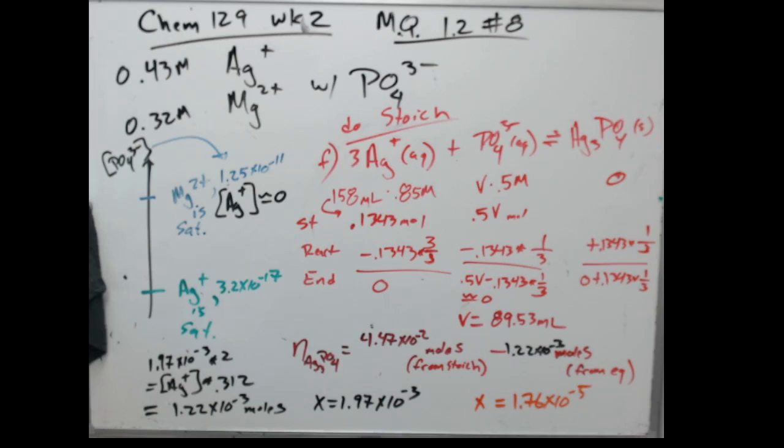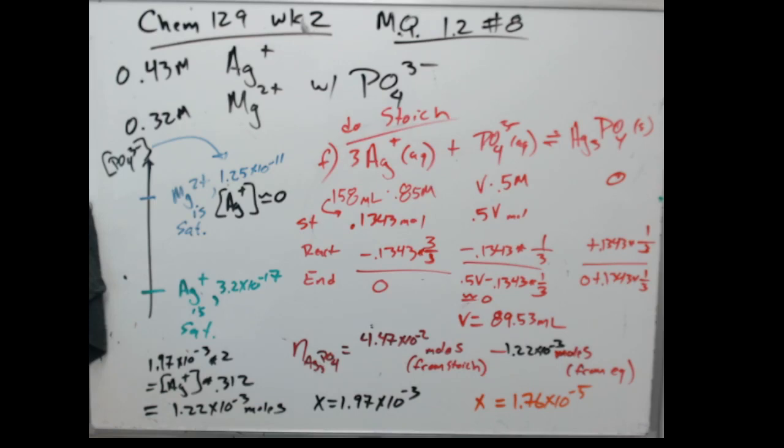Let me get a number here. 0.22. Oh, that's not terrible. Let me check something. So that's the difference divided by that. Well, it's not nearly as bad as I thought. 4.47 compared to 1.22. This is about a 3% error in our stoichiometry, so it's actually not even as bad as I thought.